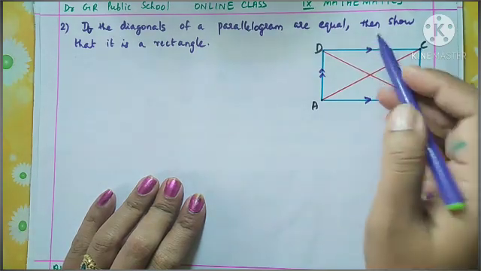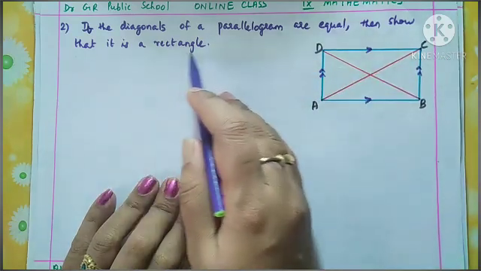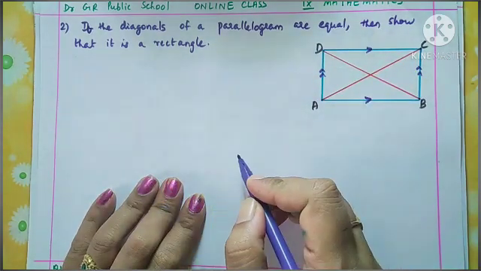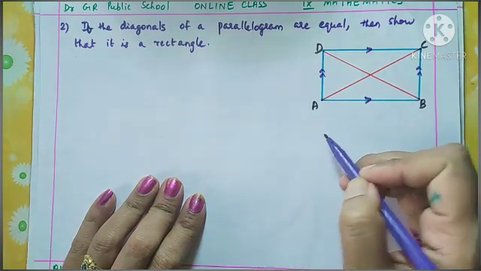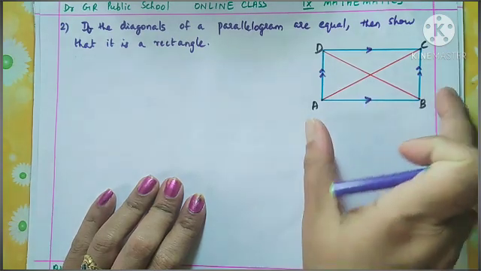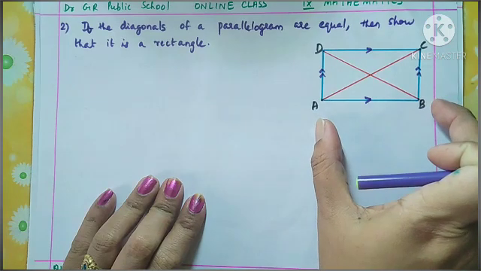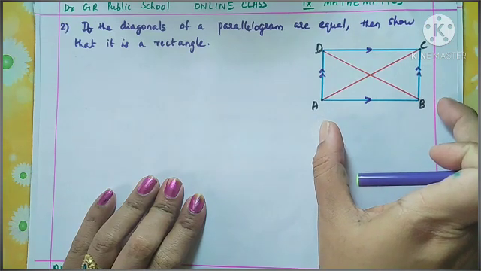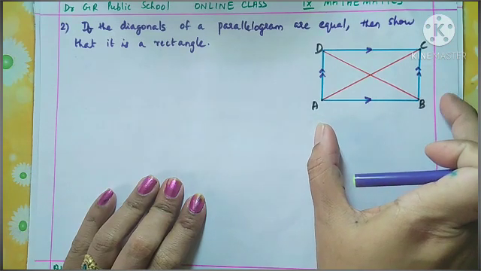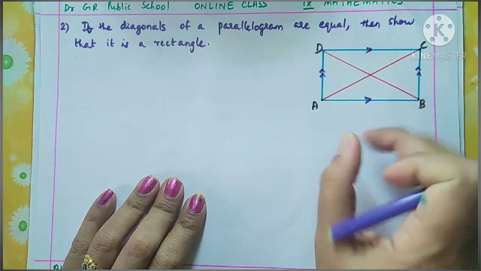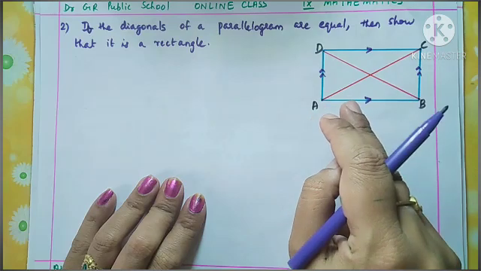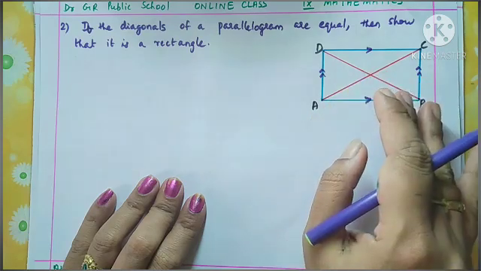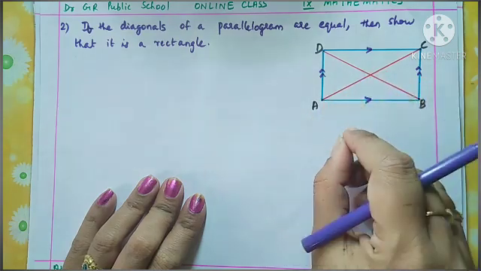What do we want to prove? Then show that it is a rectangle. So we need to prove this is a rectangle. So how can we prove this is a rectangle? Already, because this is a parallelogram, it is very clear that opposite sides are equal. Understand? To show this is a rectangle, what is the property of a rectangle? Opposite sides are equal and each angle is 90 degrees.